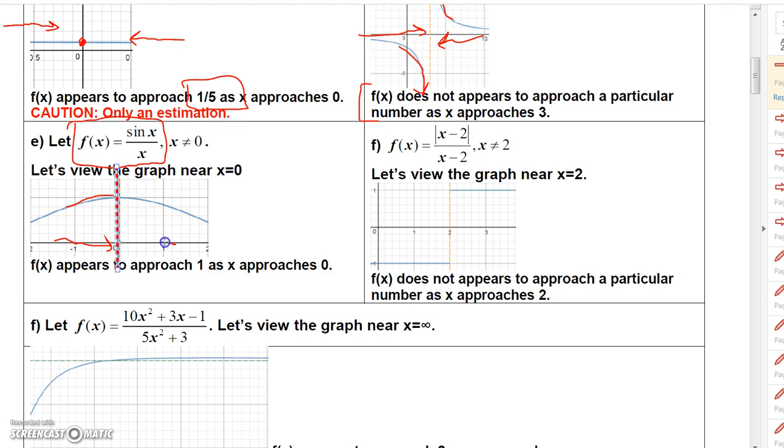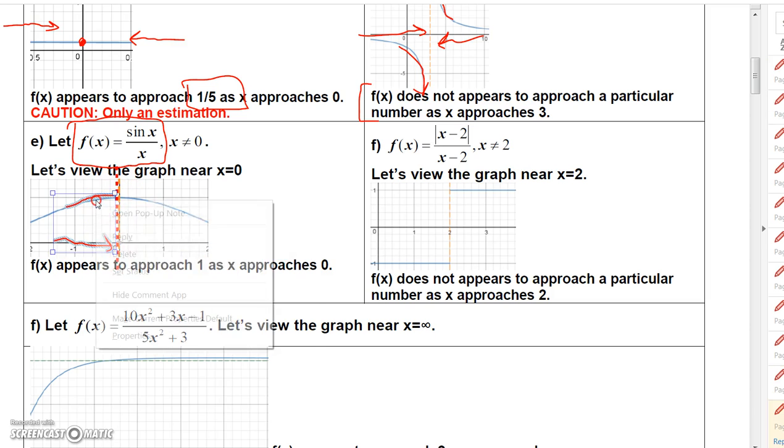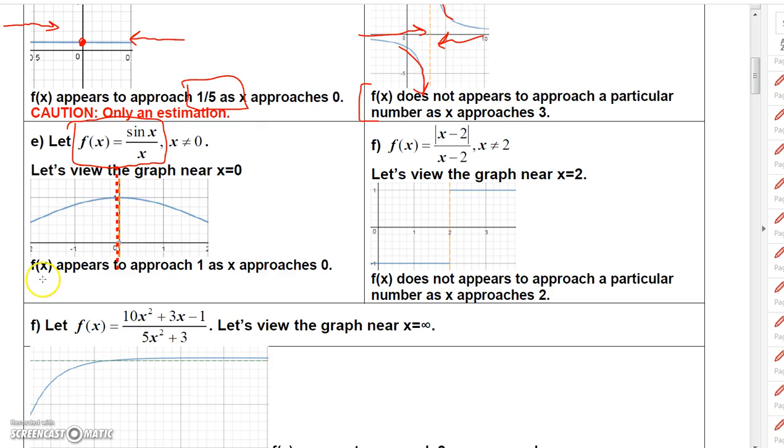And if you approach from the right, the y value still gets closer and closer to the same number. That number is actually the number 1. So f of x appears to approach 1 as x approaches 0, because as you approach 0 from the left, it's approaching this number 1.